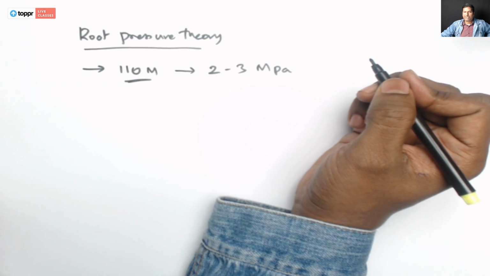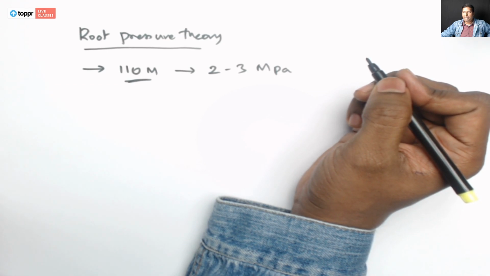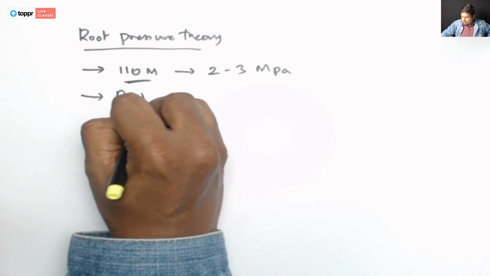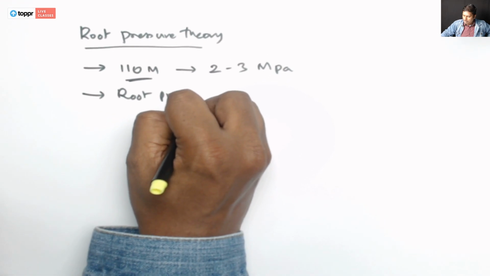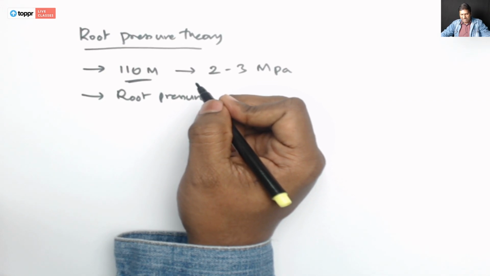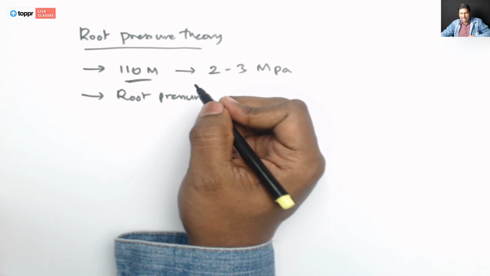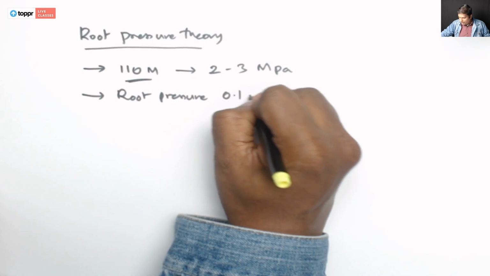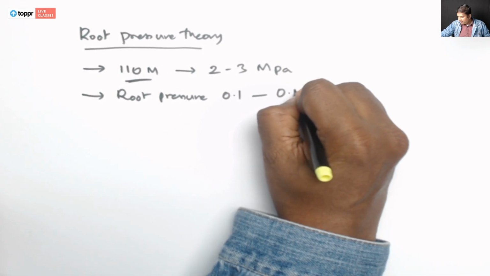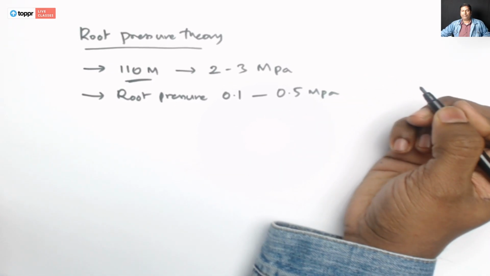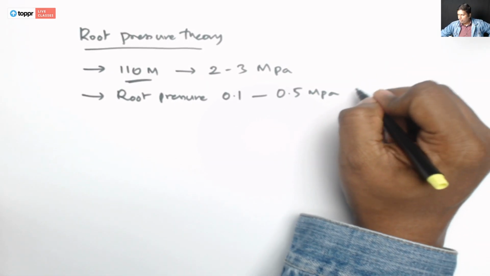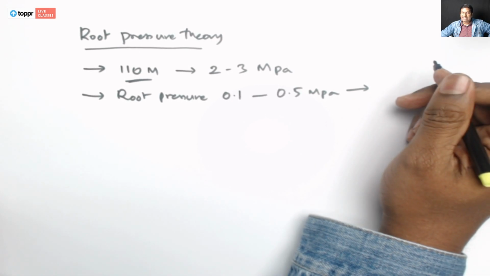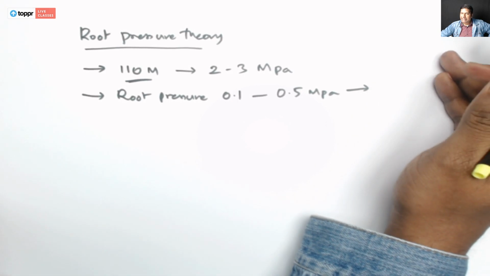And what the root pressure generates is just 0.1 to 0.5 megapascal, which is close to 15 or 16% of what we actually need.